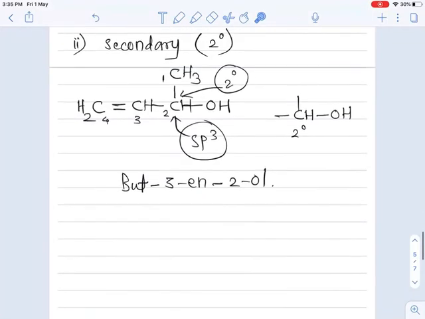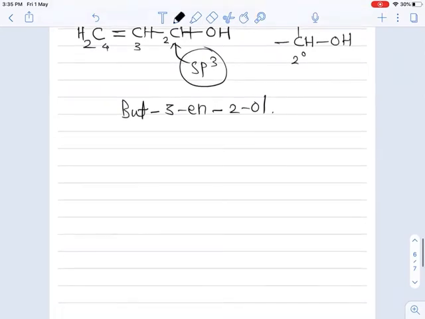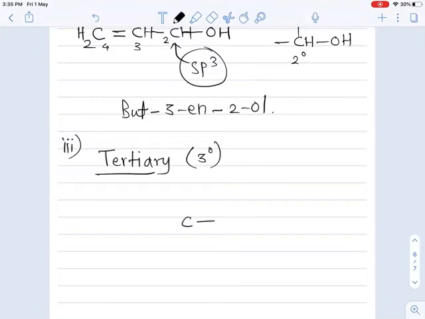Okay, now the next one, the third type of allylic alcohol, is the tertiary allylic alcohol. In the case of a tertiary allylic alcohol, first we'll take a tertiary carbon atom to which the OH group is attached.